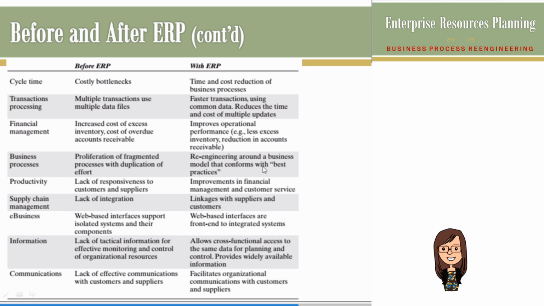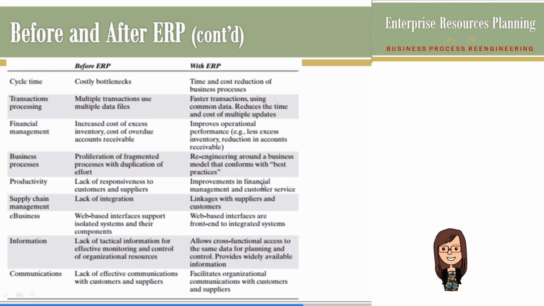So when we use their business process, they can say that it's already a best practice. The ERP system will say that if you want to have a best practice system, follow my business process. That's what we call the best practice.